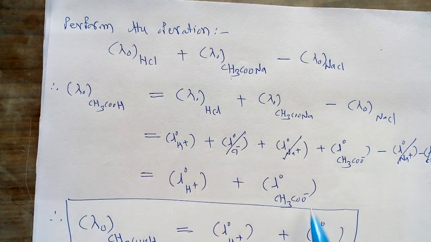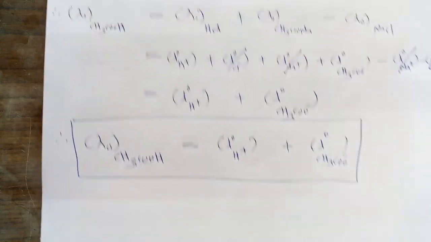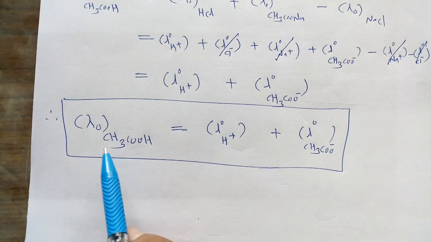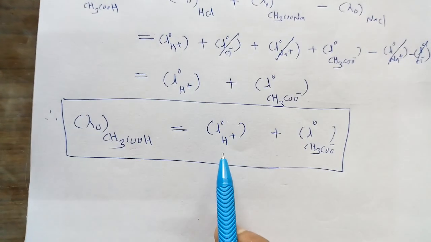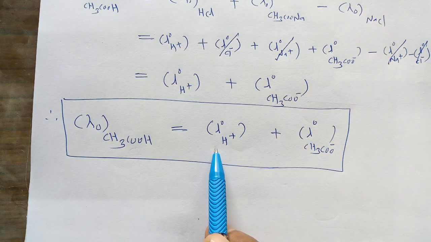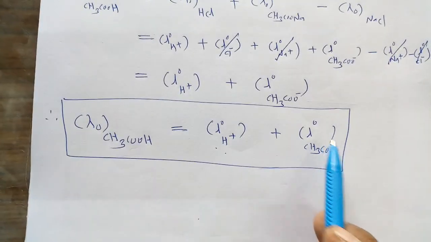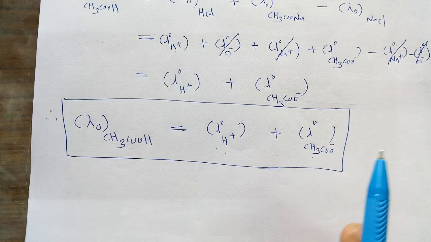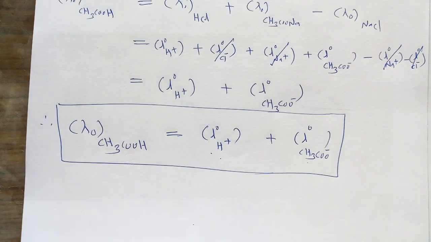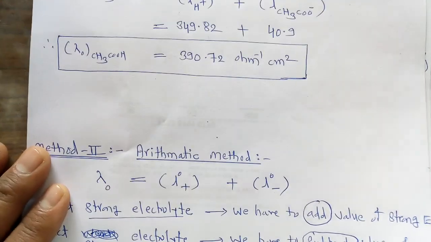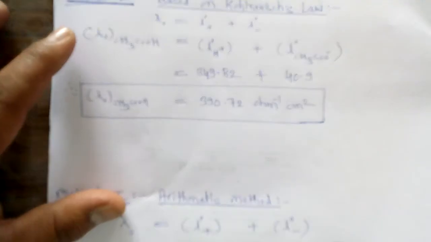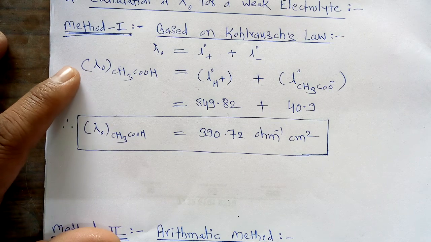By performing this operation, we finally get the equivalent ionic conductance at infinite dilution for acetic acid, equal to the summation of the equivalent ionic conductance of H plus plus that of acetate at infinite dilution. So this is the second simple method, called the arithmetic method. These are the two simple methods: the first based upon Kohlrausch's law, and the second called the arithmetic method.